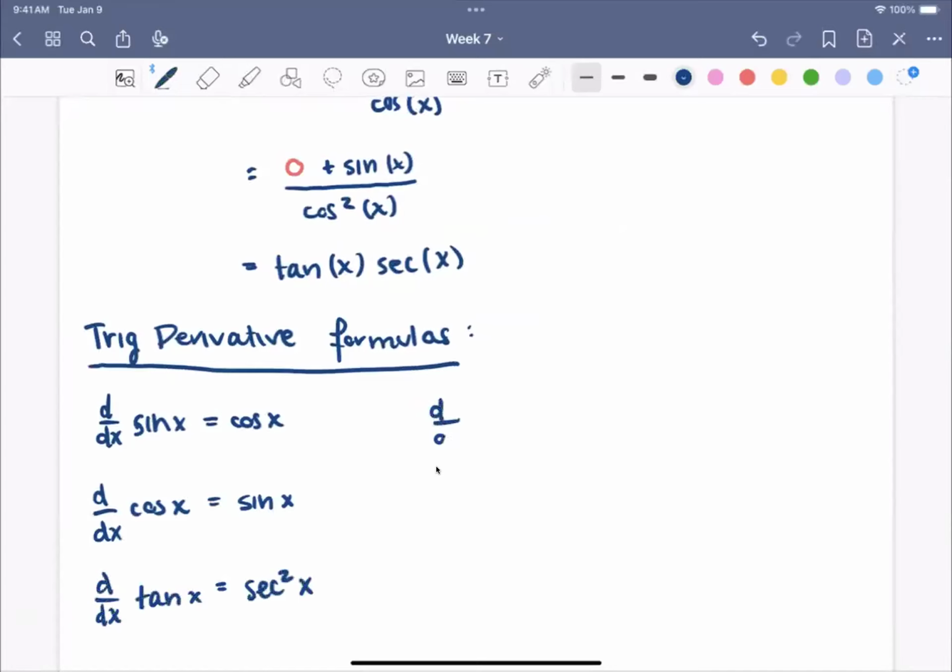But d by dx of cosecant x, which we didn't do, but you could, just like the previous example, calculate using the quotient rule, and you get minus cosecant x times cotangent x.